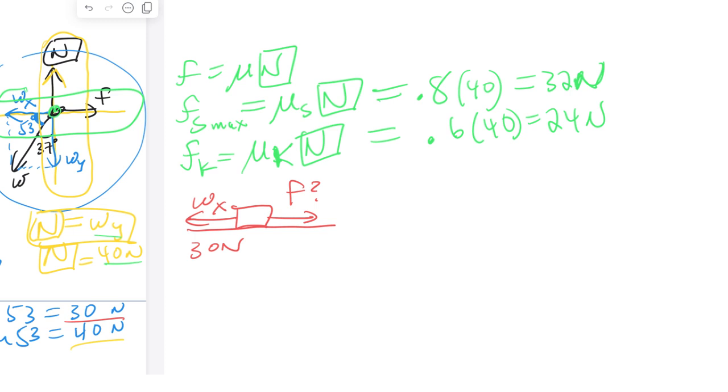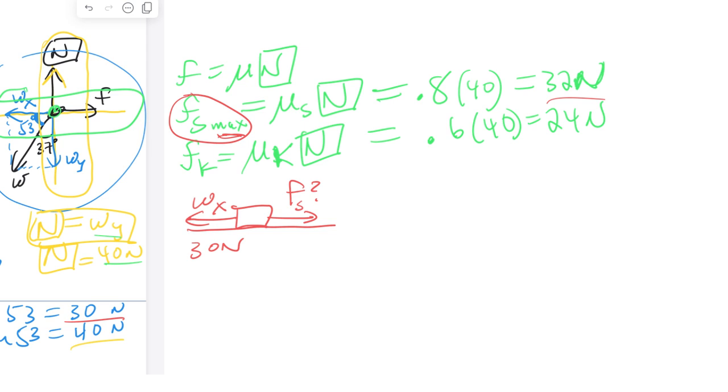The maximum static friction is 32. So if we put 32 here, it wouldn't be balanced, but it's at rest, and that would make sense. So that's the maximum static friction. You can have static friction less than the maximum static friction. In this case, that's what's happening.